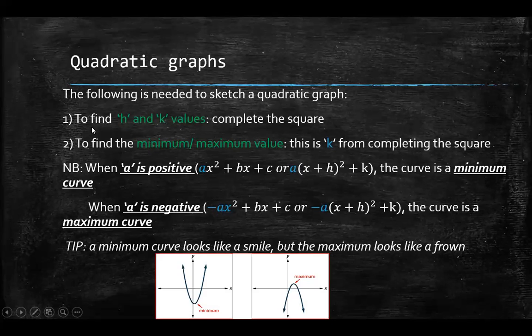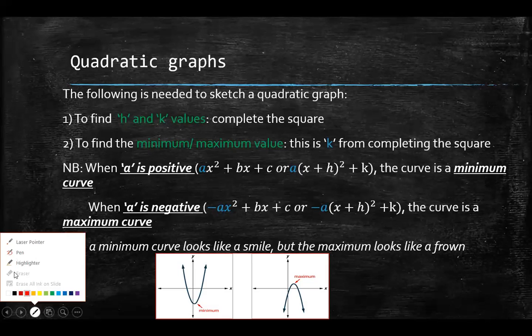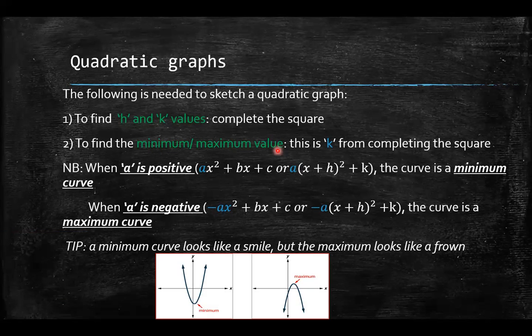So first, the question above would ask you to complete the square. That's where you find your h and your k values. If they ask you to identify the minimum or maximum value, that's just k.